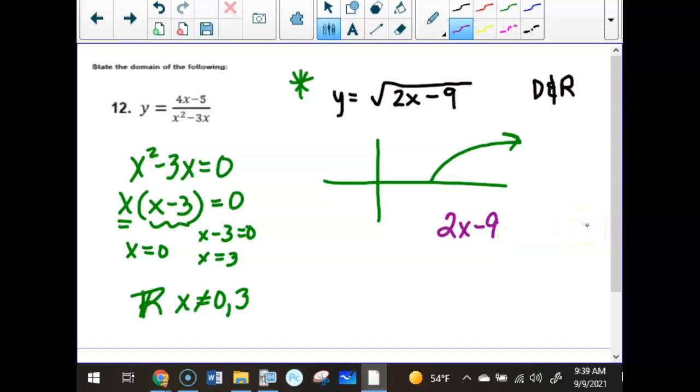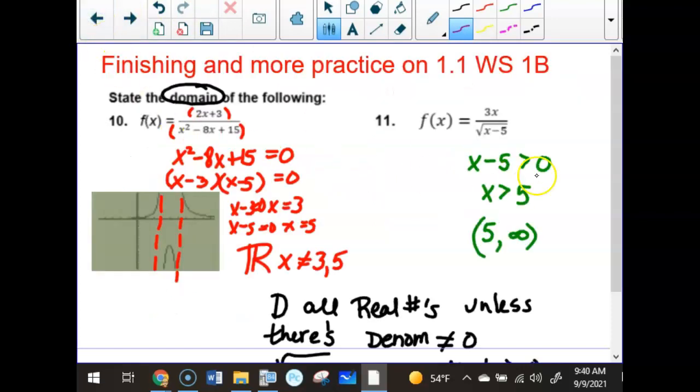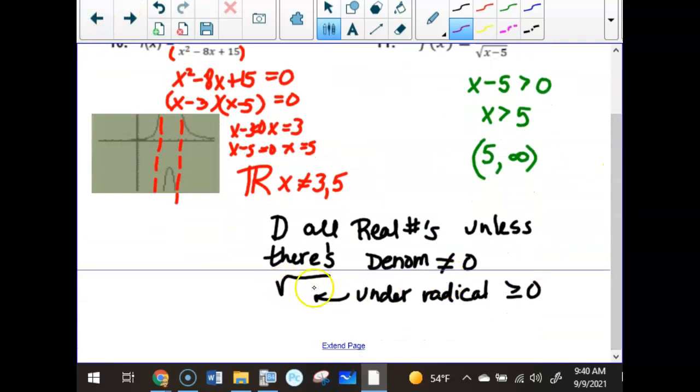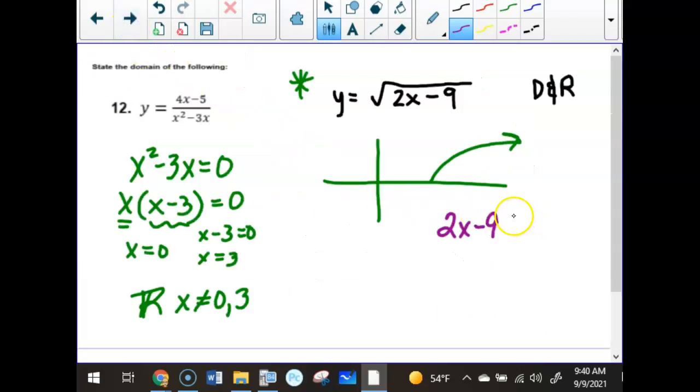Can only take a square root if that number is what's under the radical has to be greater than or equal to 0, okay? Positive or 0. So you have to say this is greater than or equal to 0. If you add 9 over to the other side and you divide by 9, you get 9 halves, or 4.5 is an exact answer, I don't care. So the domain is 4.5.